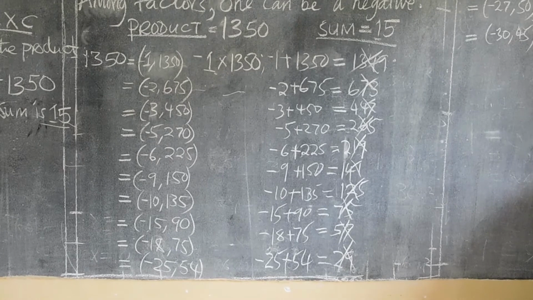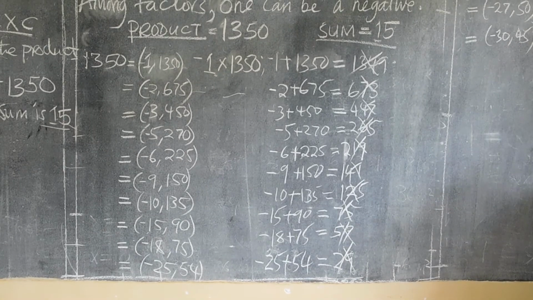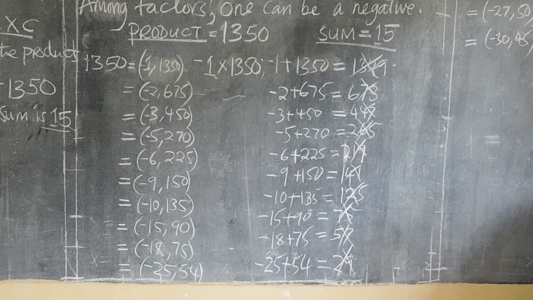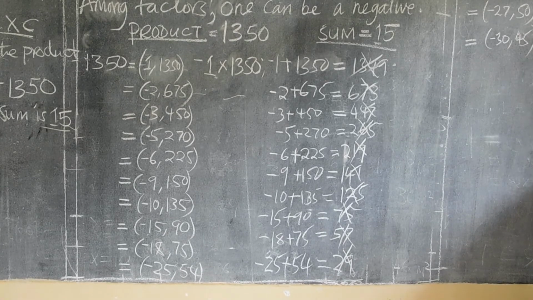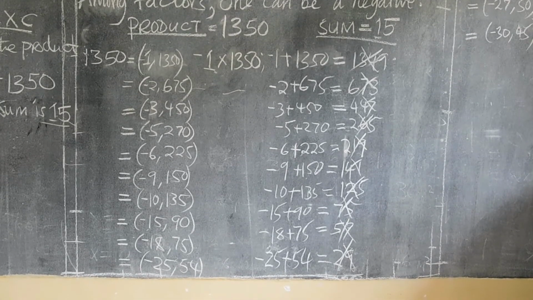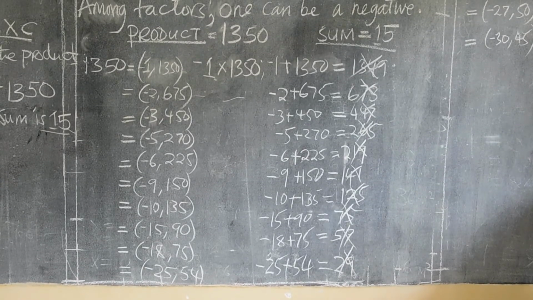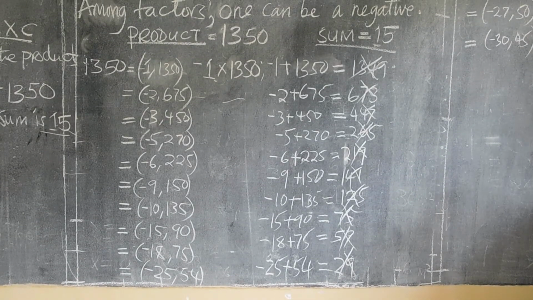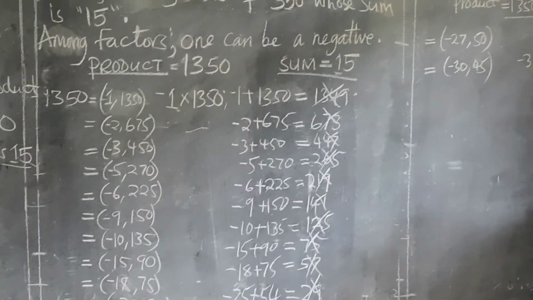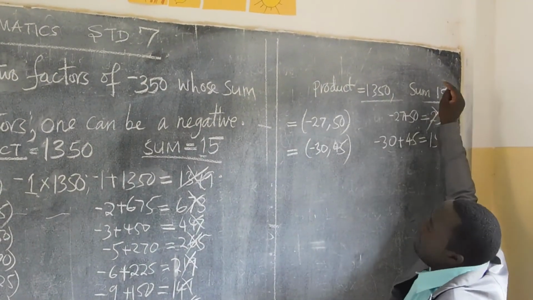Means 50 minus 27. You are getting 23, which is not correct. Then finally, we take negative 30 plus 45. Means take 45 minus 30. You are getting 15, the sum we are looking for.